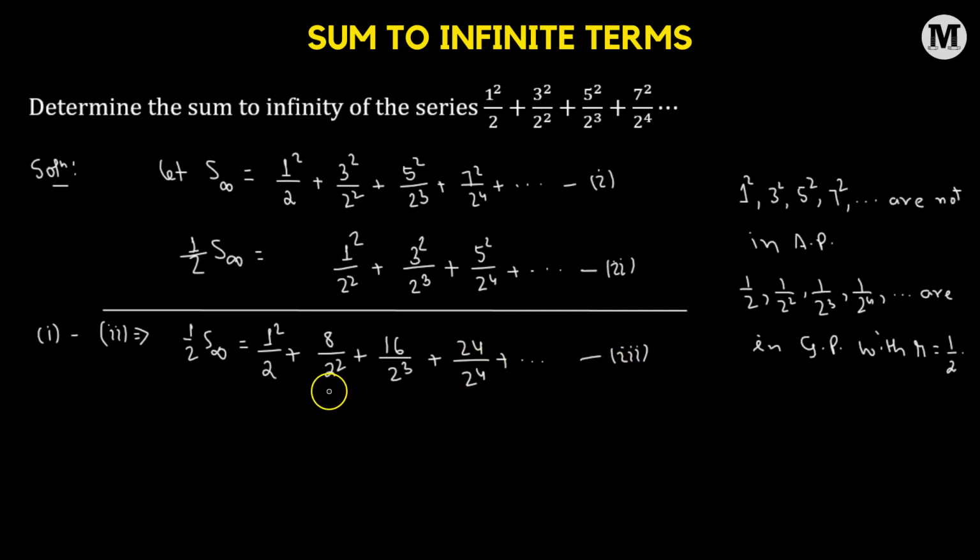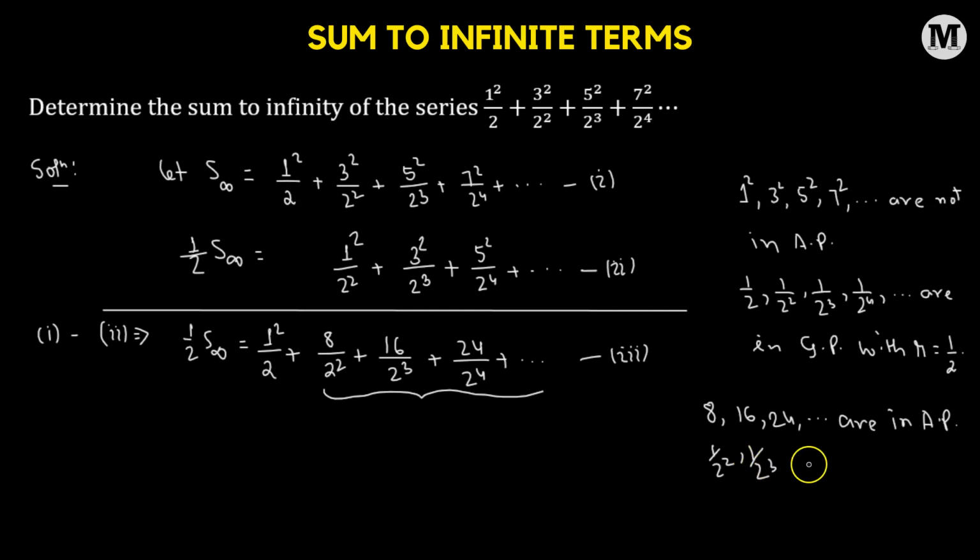Now here, if we consider the second term onwards up to the infinite number of terms, this particular sum is going to be an arithmetico-geometric series. Here, if we consider the numerator of each term, we have 8, then we have 16, then we have 24, and the rest of the terms. Clearly, these terms are going to be in arithmetic progression because they have a fixed common difference of 8. And also, we have 1 over 2 squared as the first term, 1 over 2 cubed the second term, 1 over 2 raised to the power of 4 as the third term.